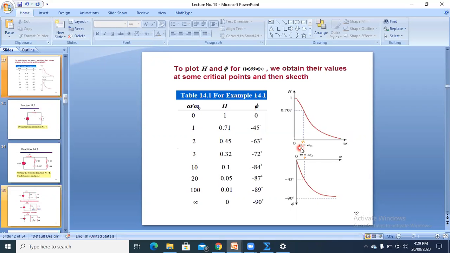And when this value of omega is omega naught, the magnitude is equal to 0.707. That means the voltage gain is 0.707, or you can say the output voltage is 0.707 of the input voltage.